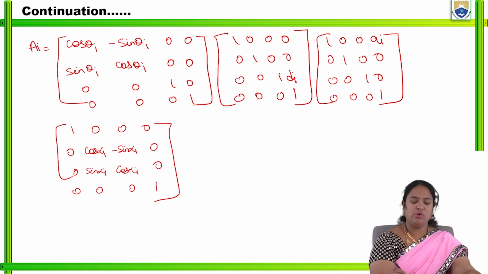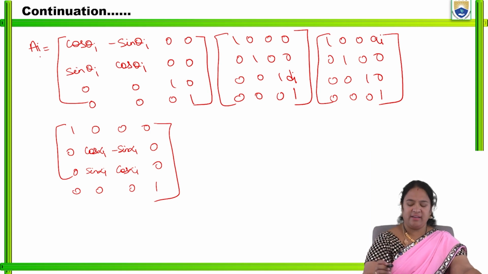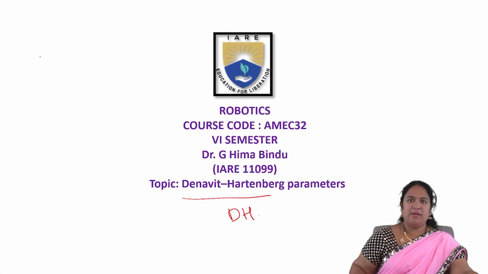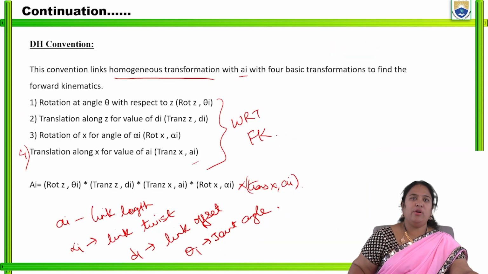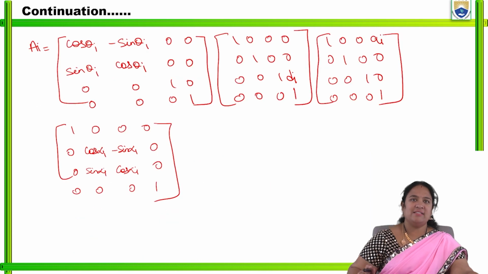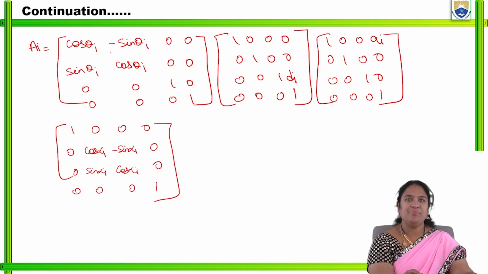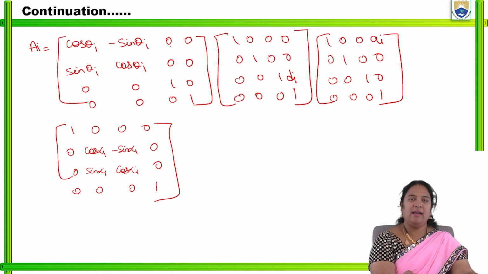So for the transformation matrix of the AI, we are getting this cos angle with respect to this particular figure. When we are considering the rotational matrix for an angle theta at the z axis, we will be getting cos theta I, minus sin theta I, and at the z axis it is 0 and 0.